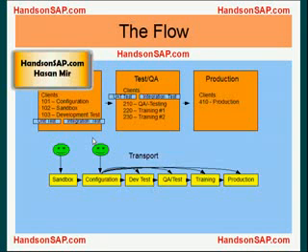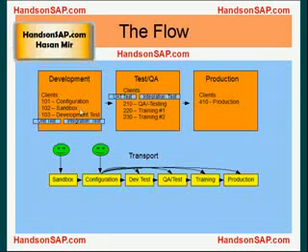This is the sum and substance of this tutorial. You start with the sandbox, where you play and do some experiments. Finally you do your test configuration in the configuration client. This configuration is moved over to the dev test client, where you do your own testing, and if you're happy, you copy configuration from the configuration client over to the QA client, and you do your QA testing here.